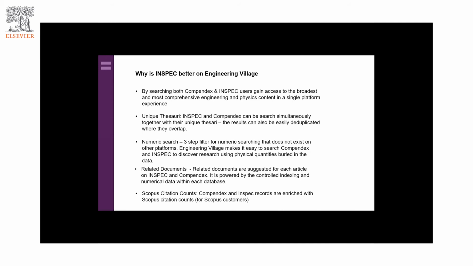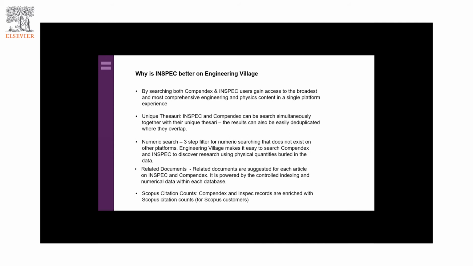And it again leverages that numeric data as well. So it'll offer you related articles that have the same concepts and possibly the same numerical information in them as well. I'm not sure about your subscriptions, but if you subscribe also to Scopus for both Compendex and Inspec, the Scopus citation counts are available in Engineering Village as well.